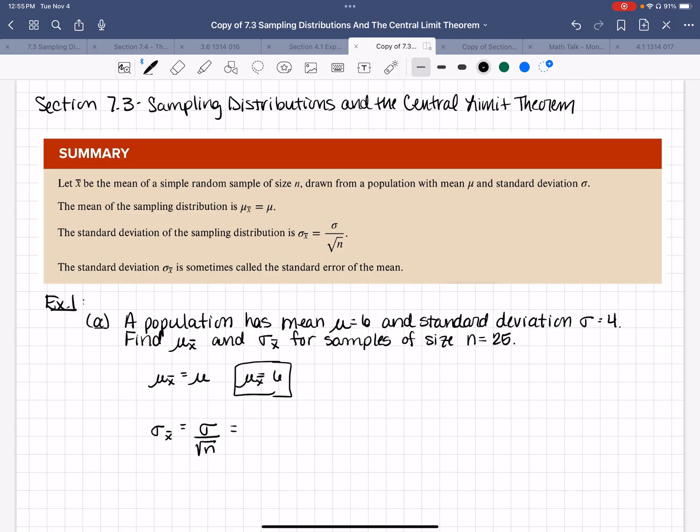So in this particular case, I know that the standard deviation of the population equals 4. I'll go ahead and write that the mean of that population was also 6. Okay, so that's going to give me 4 divided by the square root of 25, since we know that n equals 25. So that's going to give me 4 over 5, which equals 0.8.